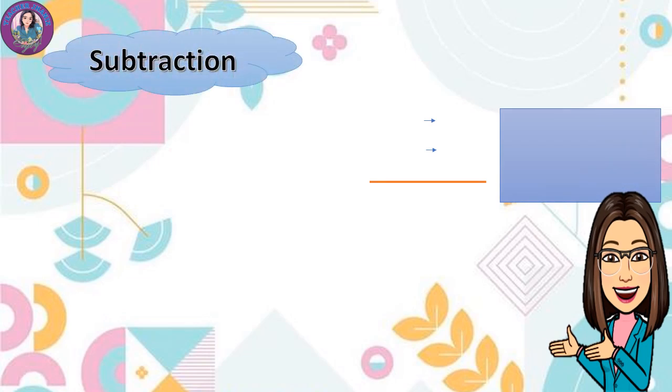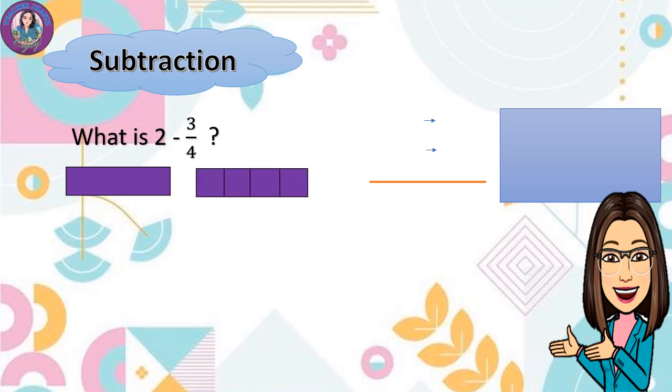Subtraction. What is 2 minus 3/4? Notice that we have a whole number and a fraction. So let us use the mathematical model. One whole plus another whole that is divided into 4 equal parts. Subtract 3/4.